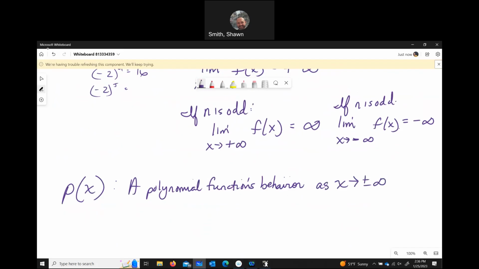You've heard this before. What is the end behavior of a function? What's happening way out on the ends, right? But if it's for a polynomial, it's determined by the term with the highest power of x.